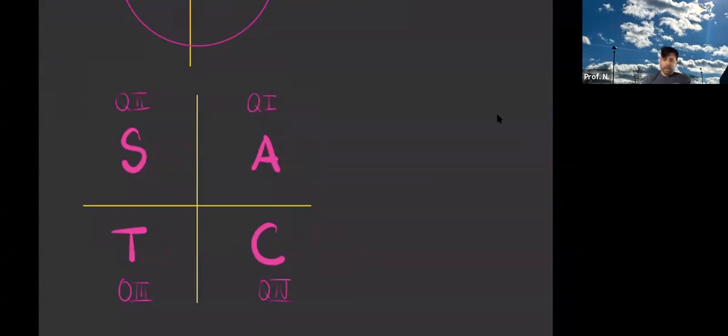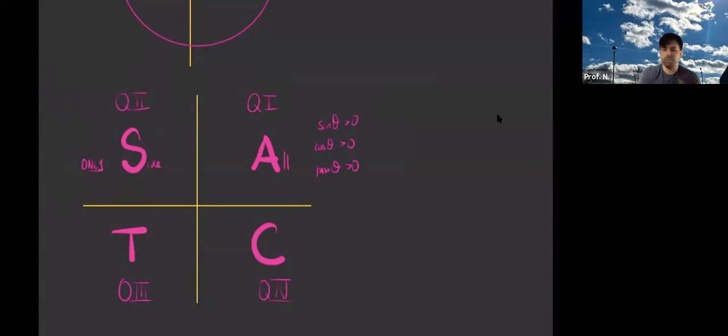What is it saying? What does it really mean? It means that all the trig functions are positive. So sine of the angle in the first quadrant, positive. Cosine, positive. Tangent, positive. They're all positive because x and y are all positive. In the second quadrant, only sine is positive.